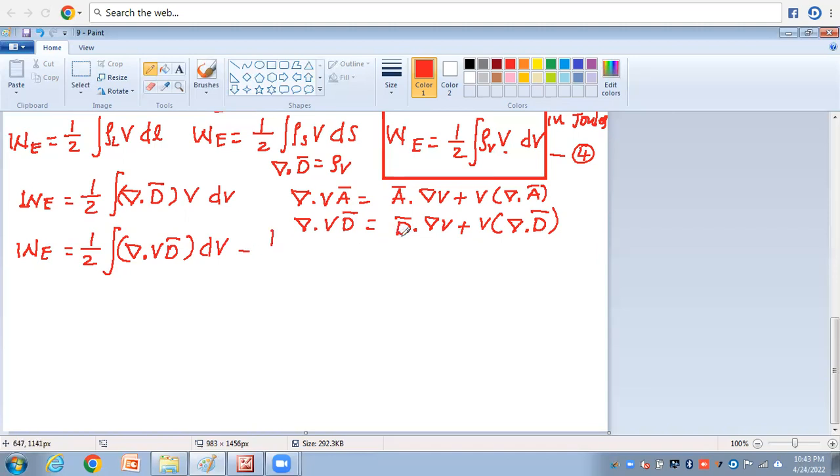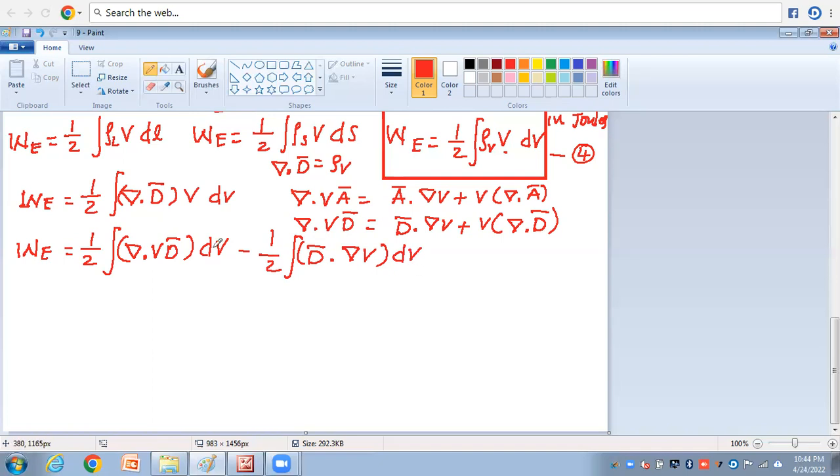So this is here, plus on the right hand side. If it is from the LHS side, there is a minus. 1/2 is common. Minus 1/2 integral D bar dot del V with respect to dv.